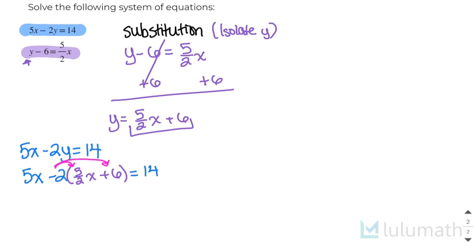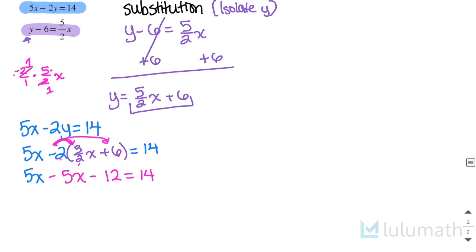I'll copy down this 5x first. When I distribute this negative 2 to this 5 over 2x, the 2's will cancel each other out because it's negative 2 over 1 times 5 over 2x. So this 2 and this 2 both become 1's. I get negative 1 times 5 times x, which is negative 5x. And then I'll distribute the negative 2 to the 6, so I get negative 12 equals 14.